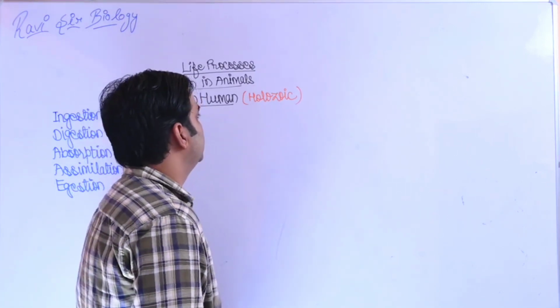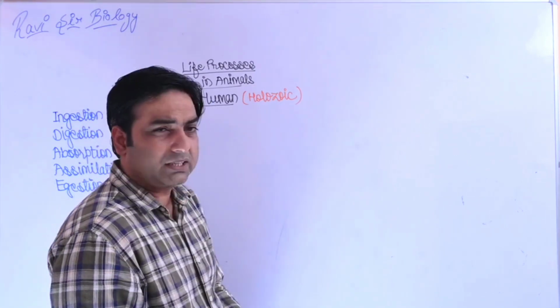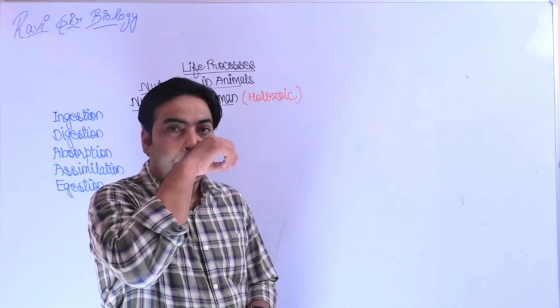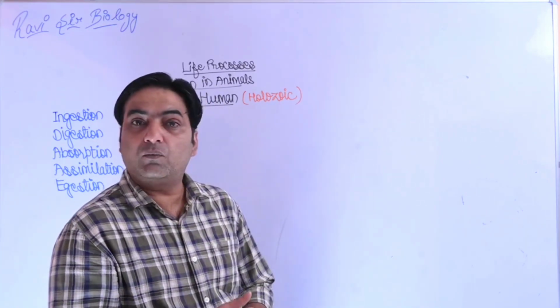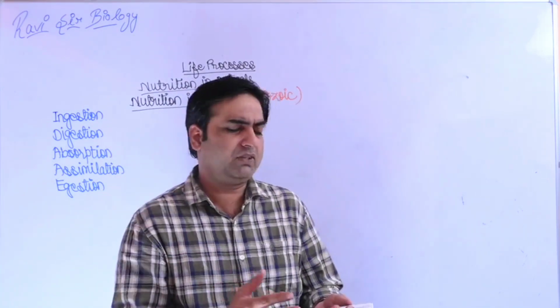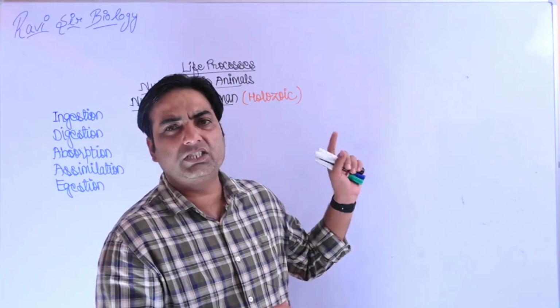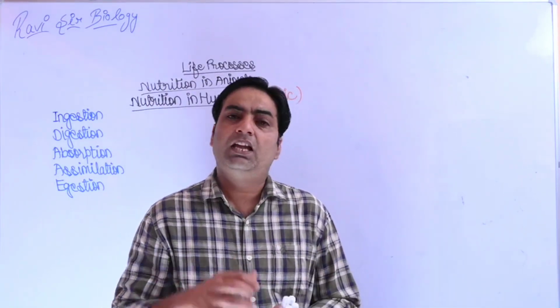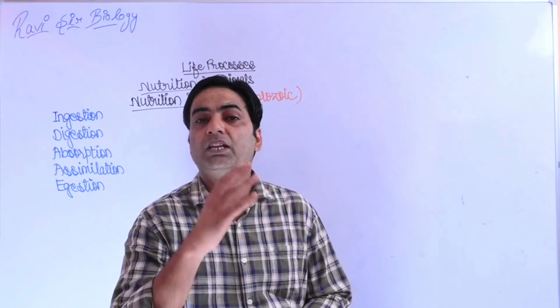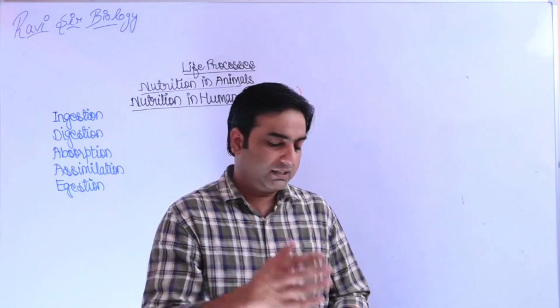So this is nutrition in human. For that we need to know about the process of intake of food material. We need to draw a diagram to understand the complete digestion process. Here we discuss the human alimentary canal and human digestive system.